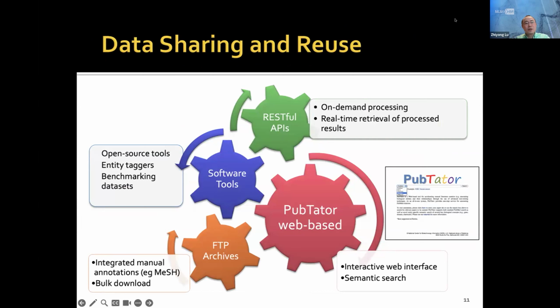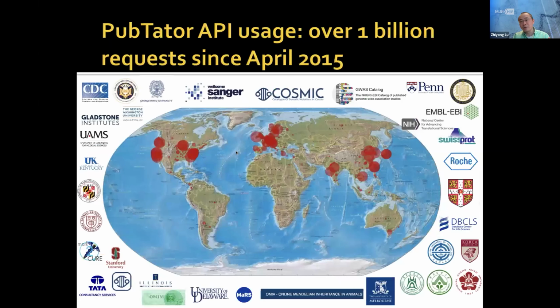So this is a very convenient setup for our users, and it turns out the API is the real winner here, because as you see in this figure, we have over 1 billion API calls over the years from a wide variety of researchers from different groups.